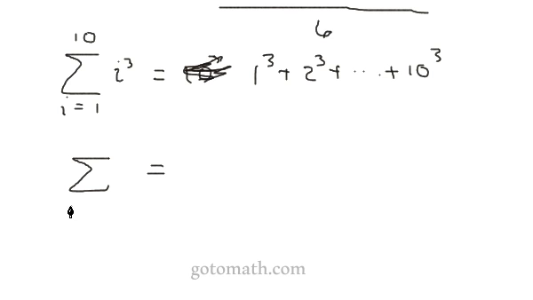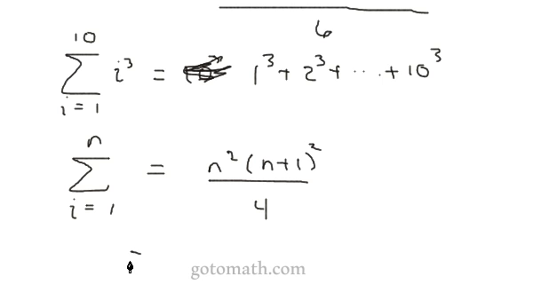But we have a formula for this one too, and it is just simply n squared times n plus 1 quantity squared over 4 this time, and you would just plug 10 in for n and figure out what this sum is equal to.